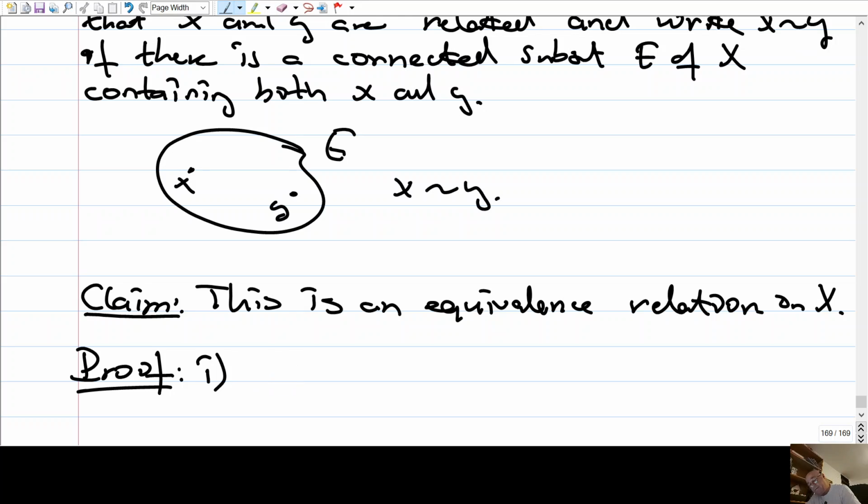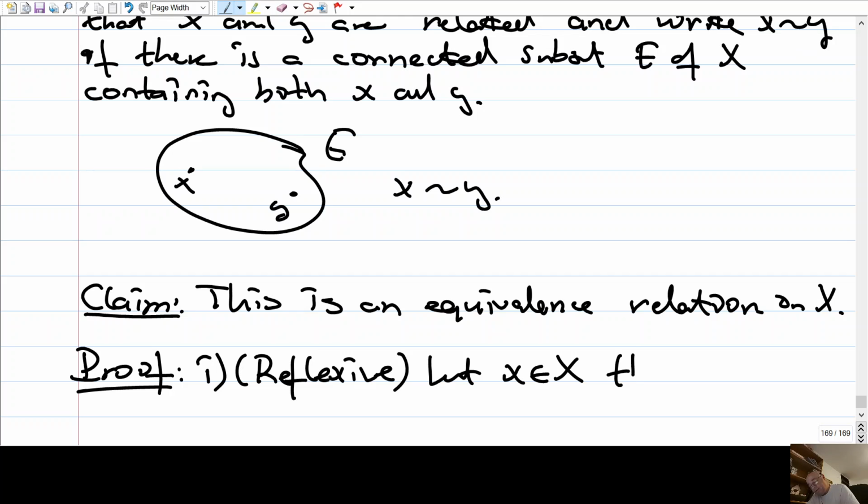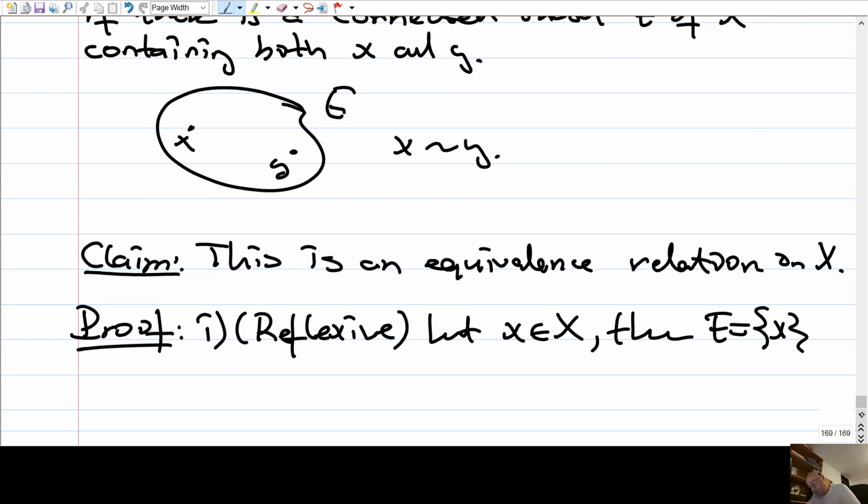Reflexivity: let x be in X, then E, the one point subset, is clearly connected, right?